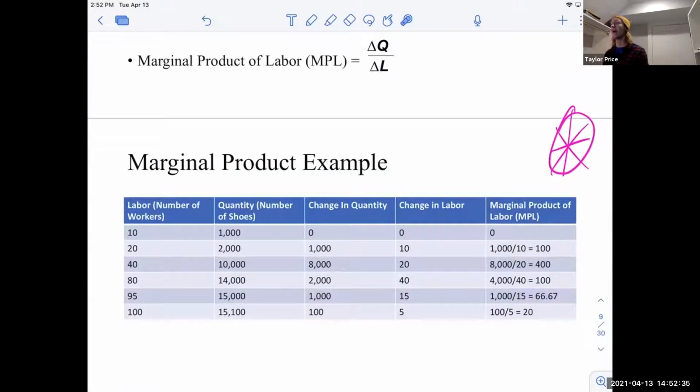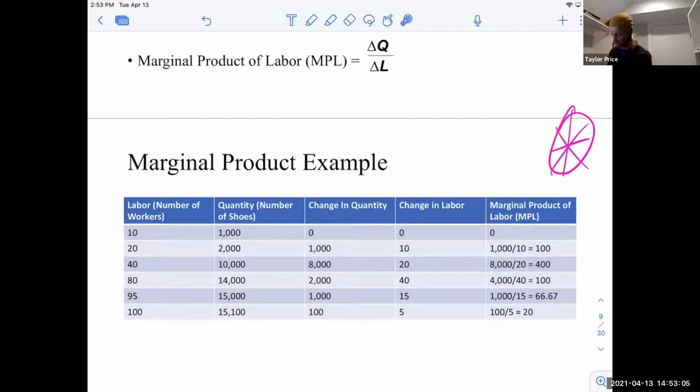Let's say this is our labor and this is our quantity. We need two things to determine the marginal product of labor. First, the change in quantity, so the additional output that is generated from adding workers. Say moving from 10 workers to 20 workers, what is the amount of output that is added?